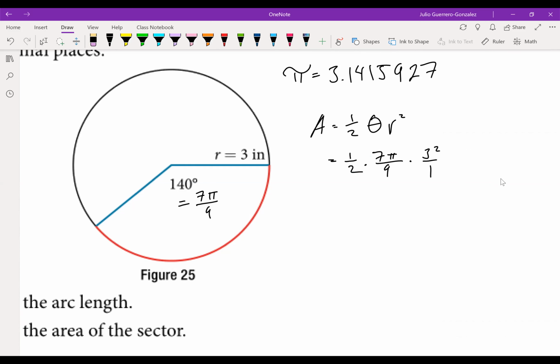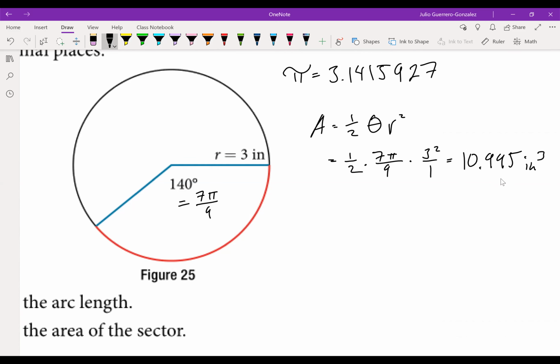So that comes to 63 pi over 18. So the answer to this one, I think most of you got it: 10.995 inches cubed.